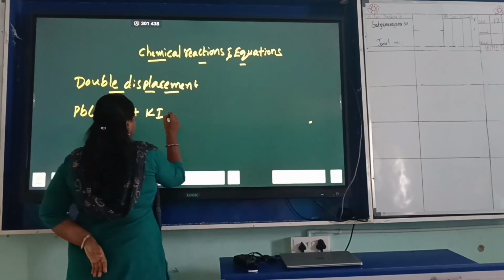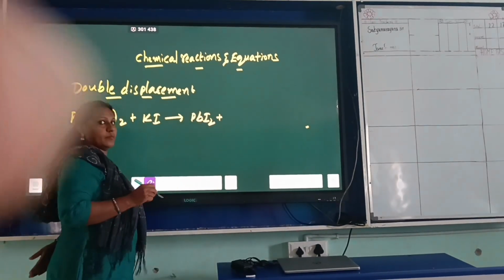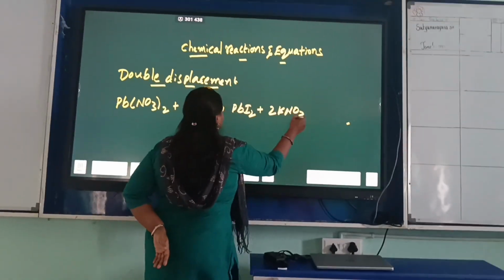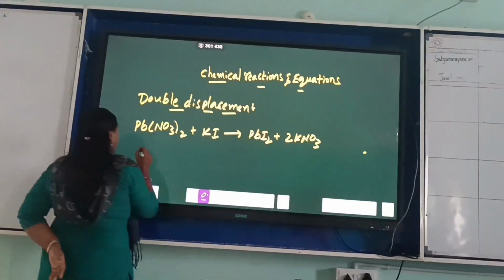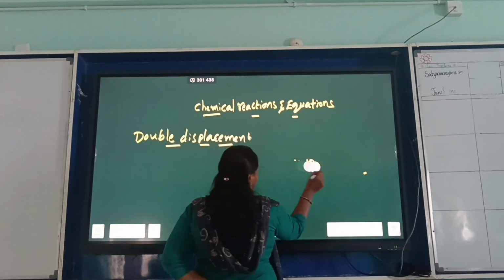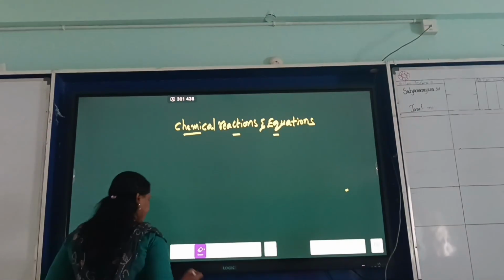If both are mixed, a yellow color precipitate is formed. Pb(NO3)2 plus potassium iodide gives PbI2 plus 2KNO3. So this is a double displacement reaction, and a yellow color precipitate is formed.